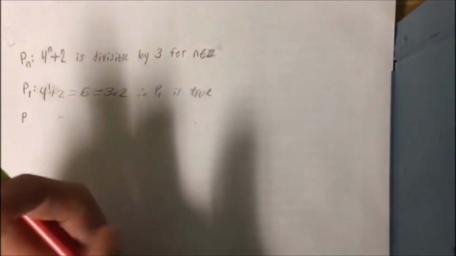It's 3 times 2. Now, that's not enough. You can't just stop here and make it a general rule just because you proved that it's true for n equals 1. Now, what we're going to do is substitute k. So now we're going to do P of k, where k is a constant. We're going to want to determine that it's true eventually.